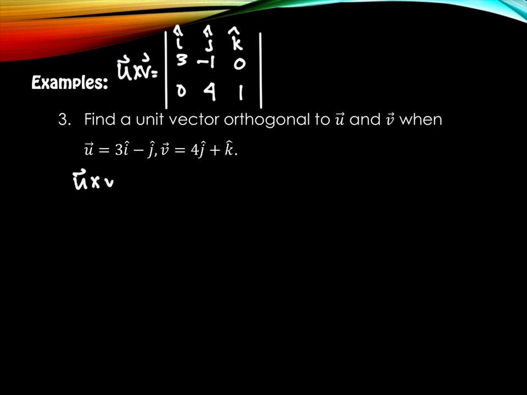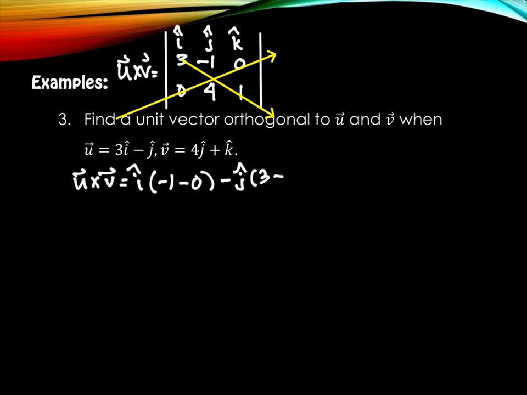So to do u cross v, we're going to have i, and then the vector up here, going like this, is going to be -1 times 1 minus 4 times 0, so it's minus 0. Minus j. So we've got 3 times 1 minus 0 times 0 is 0 plus k.